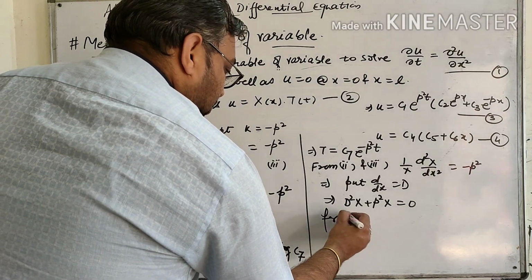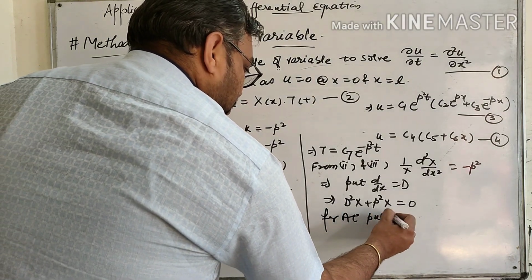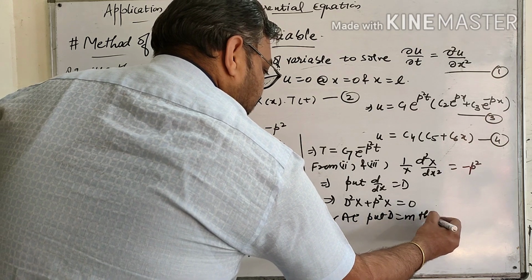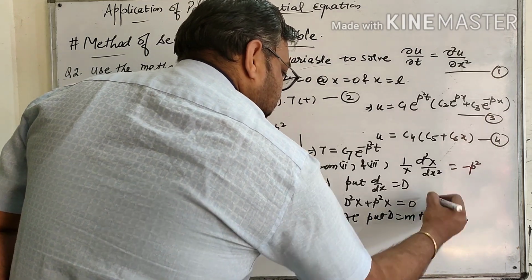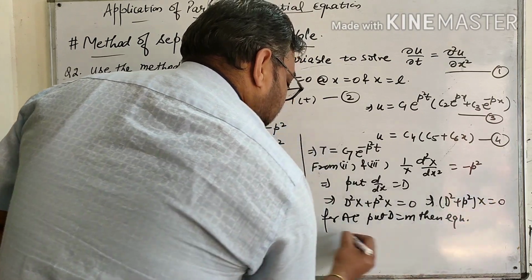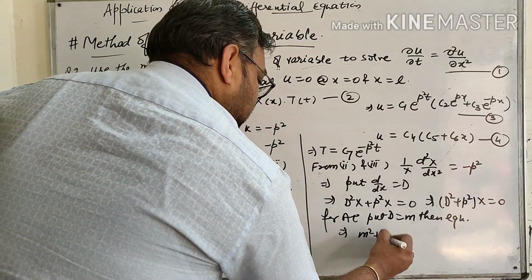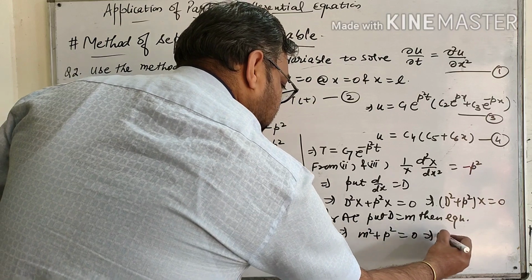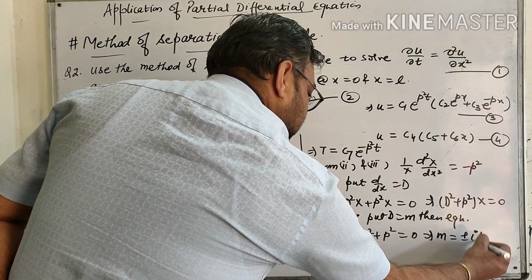For the auxiliary equation, put D equals m, then equate the bracket of the LHS to 0. So what do we get? m squared plus p squared equals 0, or m equals plus minus iota p.